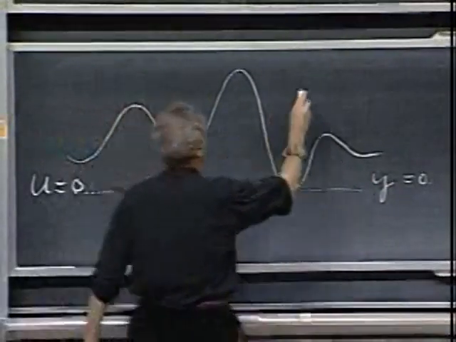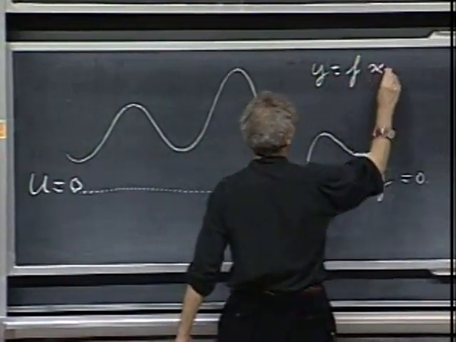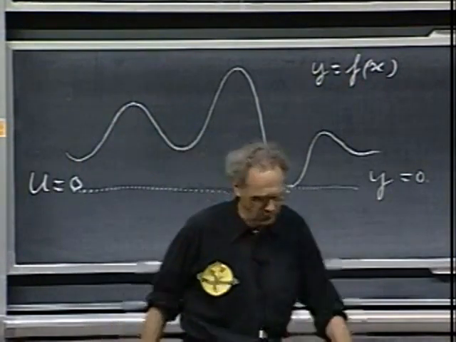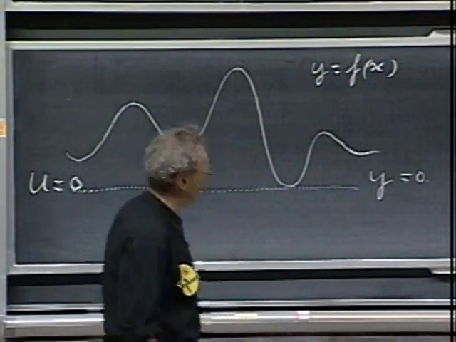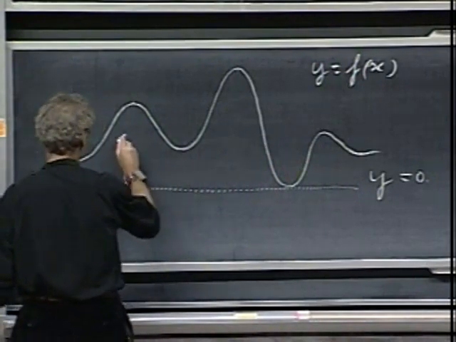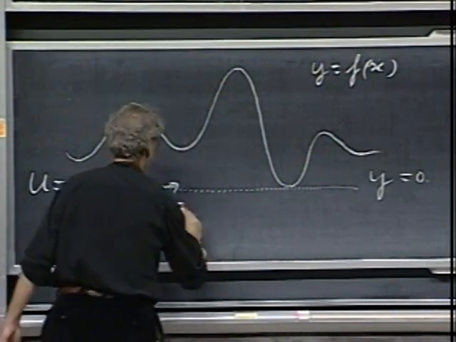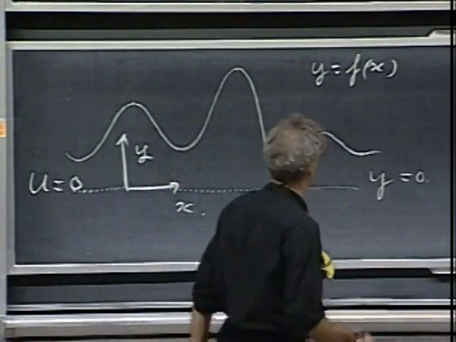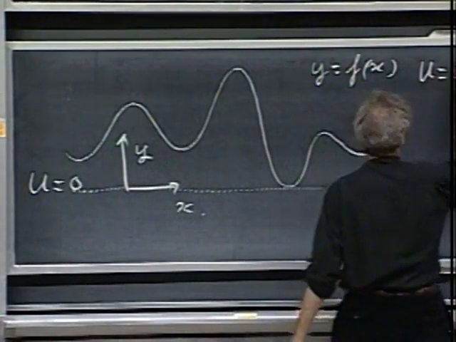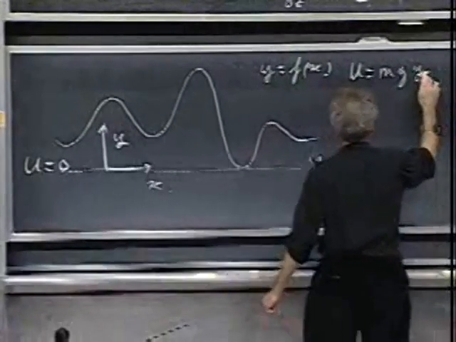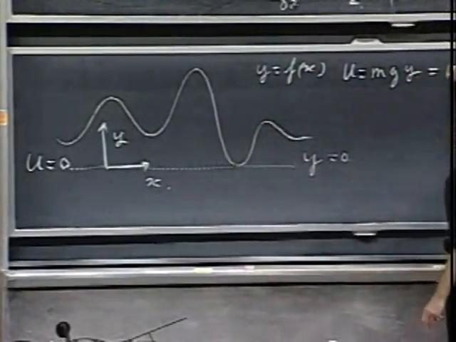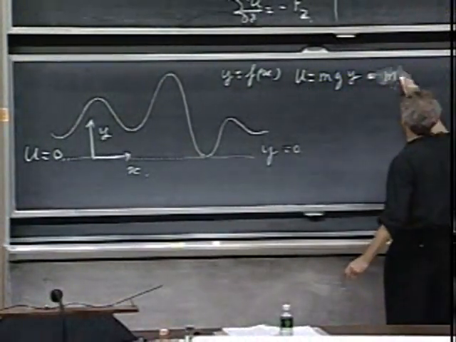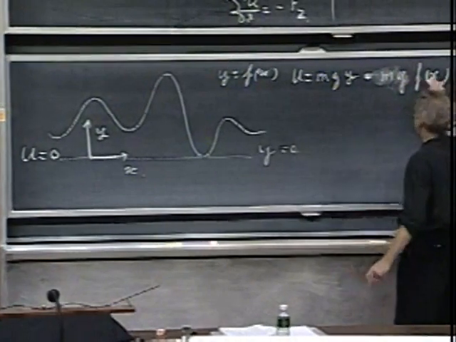So this is y as a function of x, and the curve itself represents effectively the gravitational potential energy. This is y, and this is x. So the gravitational potential energy u equals mgy, but y is a function of x, so that is m times g times that function of x.